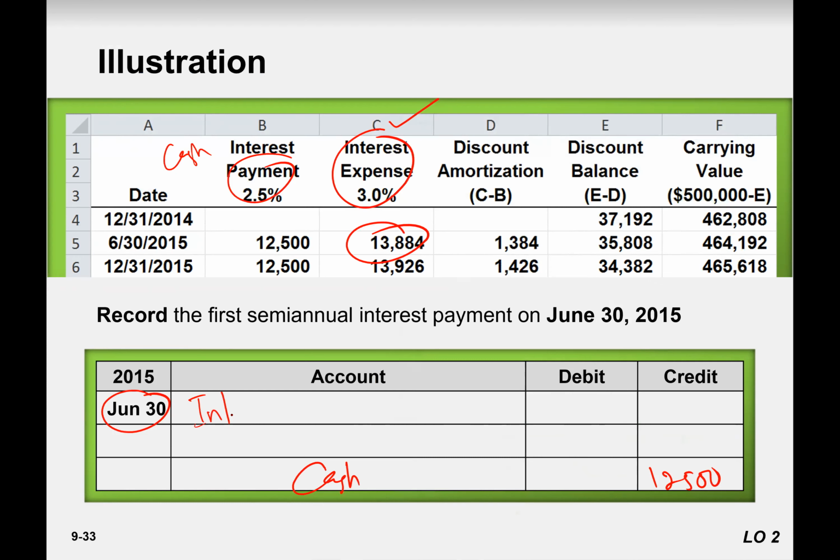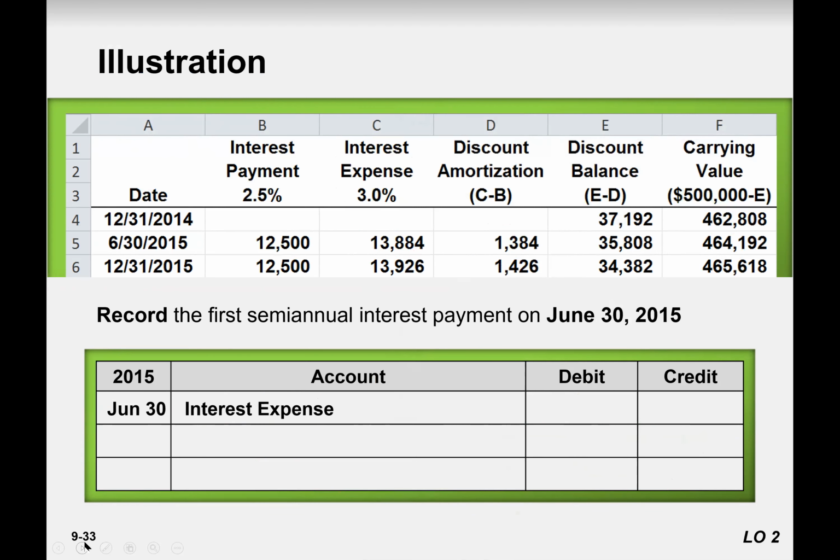So this is interest expense, which is 13,884. So the difference between these two is 1,384, which is the decrease in discount on bonds, which is how you balance your accounting entry as well. So debit is equal to credit. Let's see our entry here. Interest expense, discount on bonds, cash. Here we go. Right, guys?